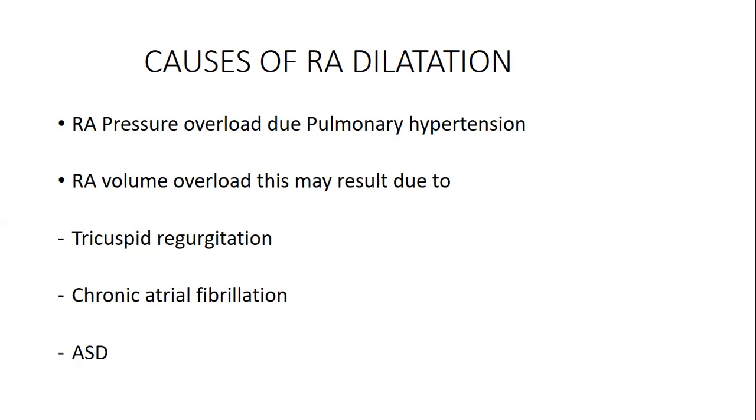How does an ASD result in an RA dilatation? This can be due to left to right shunt when you have this ASD. Remember, on our left side we've got higher pressure than on the right. So when you have a defect, which is an ASD, you also have this pressure that is exerted towards the right, because it will be a left to right shunt. And then you also are going to have this dilatation of the right atrium.